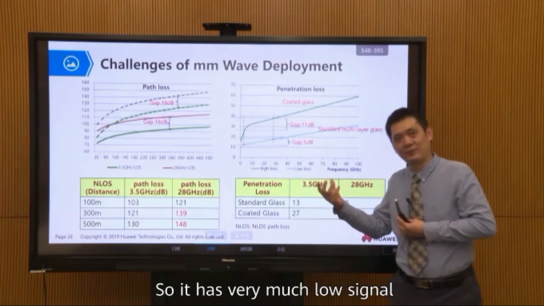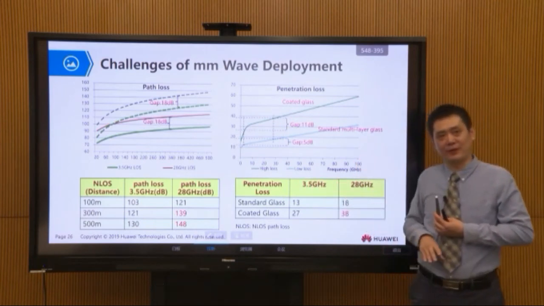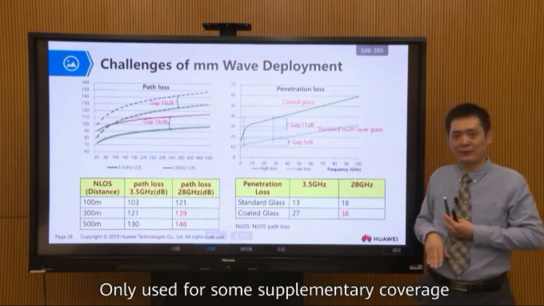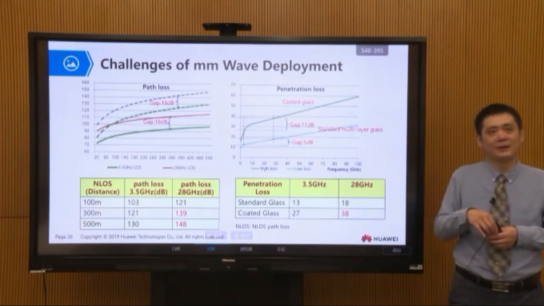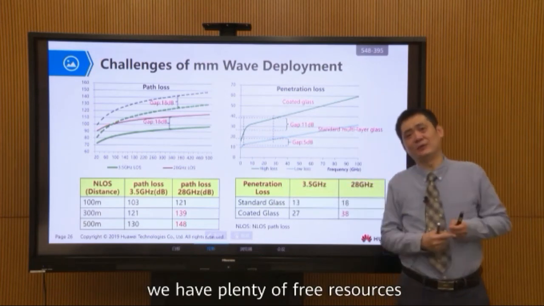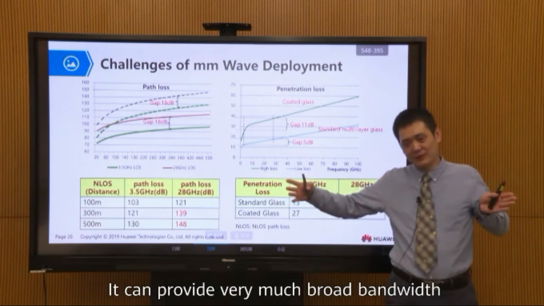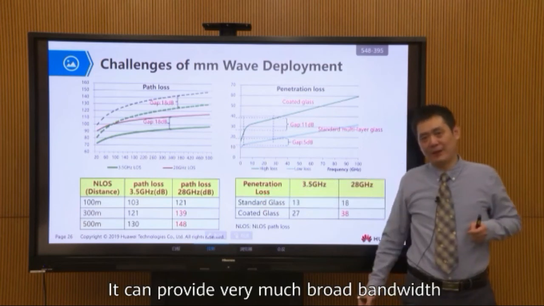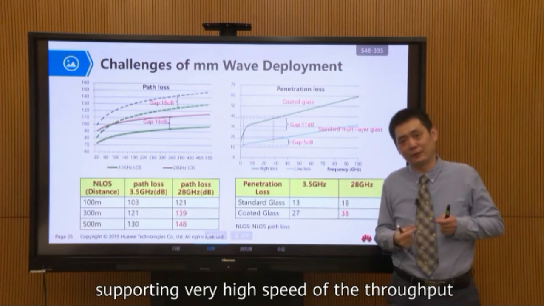So it has very low signal. So it is only used for some supplementary coverage, not for the main coverage. But for MM wave, we have plenty of free resources that are available. It can provide a very broad bandwidth supporting very high throughput.